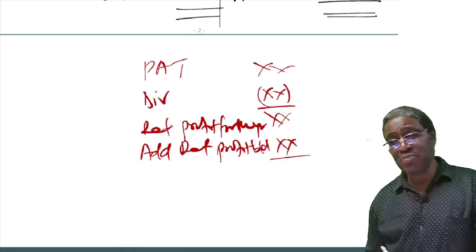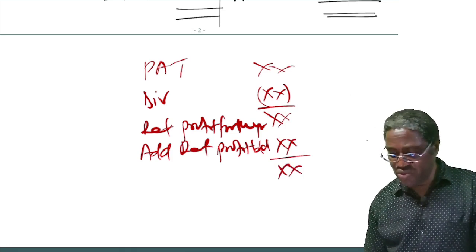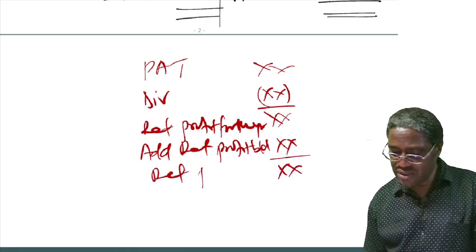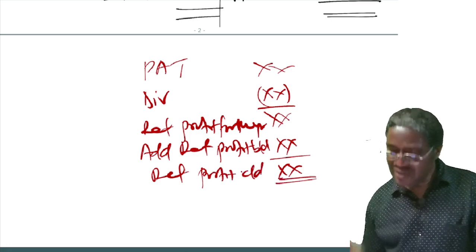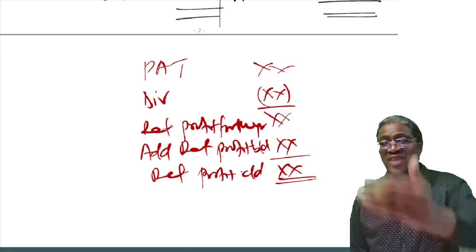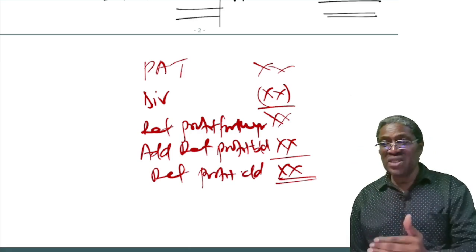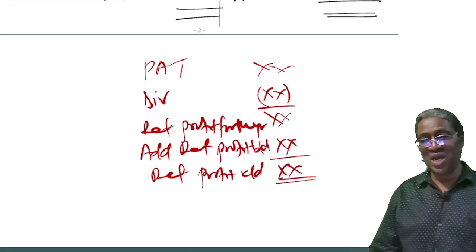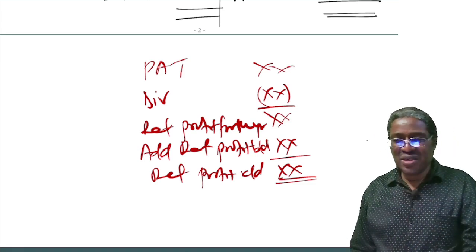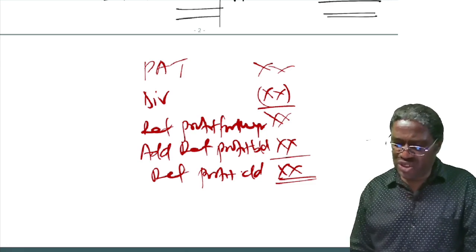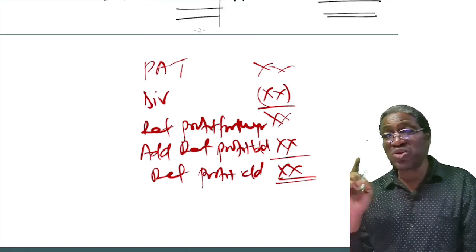Once you add retained profit brought down, you normally get what we call retained profit carried down. That's what you normally do. If the income statement was complete, this was the section that was supposed to be added, but we can't see it. But we know from this question, we can be able to tell.